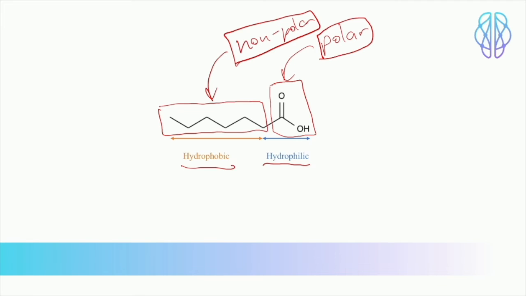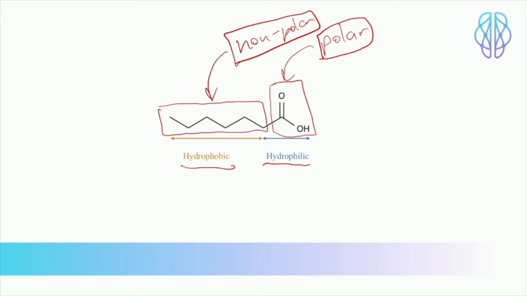So essentially, solubility and intermolecular forces are a balancing act between these hydrophobic and hydrophilic sections. Think of them as two sides in a tug of war. If the hydrophilic part is stronger than the hydrophobic part, overall the molecule will be hydrophilic, and the same the other way around.